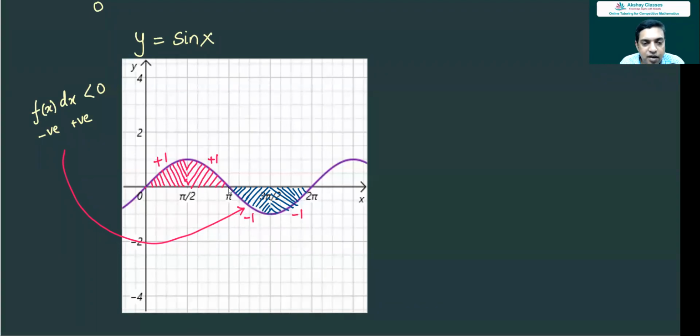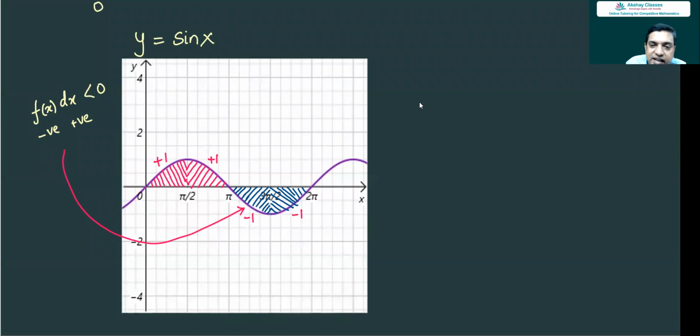So the upper area is +2, the lower area is -2. So we are calculating integrals. We are not calculating the actual area. When we talk about area bounded by the figure and the x-axis, then we have to take a modulus and say this is 2 + 2, 4. The area of the entire shaded region is 4.